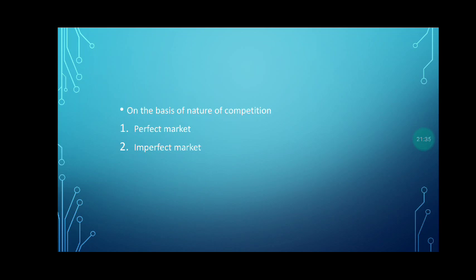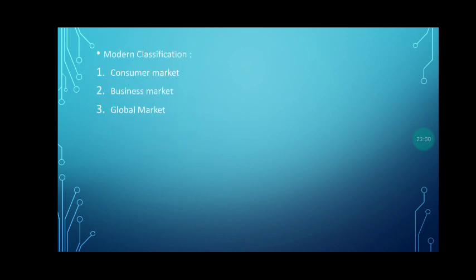But the goods and services offered in imperfect markets are not identical. They are close substitutes but not identical. So it is based on the basis of competition. Imperfect markets have different types like monopoly, duopoly, oligopoly, monopolistic competition, etc., that we are going to see in further lectures.